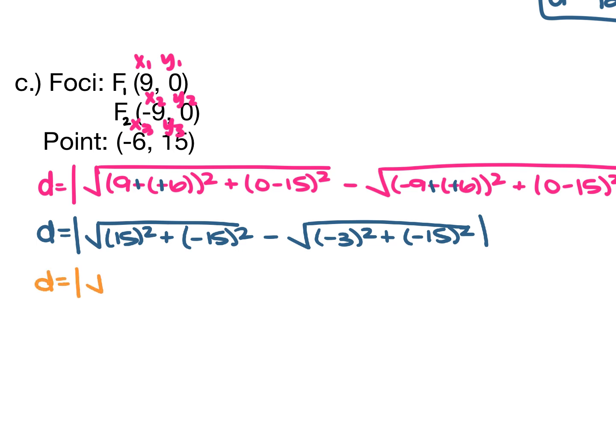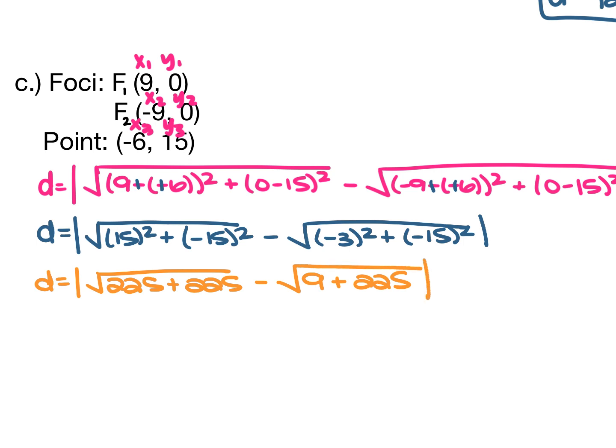You're going to get the absolute value of the square root of 225 plus 225, minus the square root of 9 plus 225. Add underneath each radical. You're going to have the absolute value of the square root of 450 minus the square root of the 9 plus 225, which is 234.